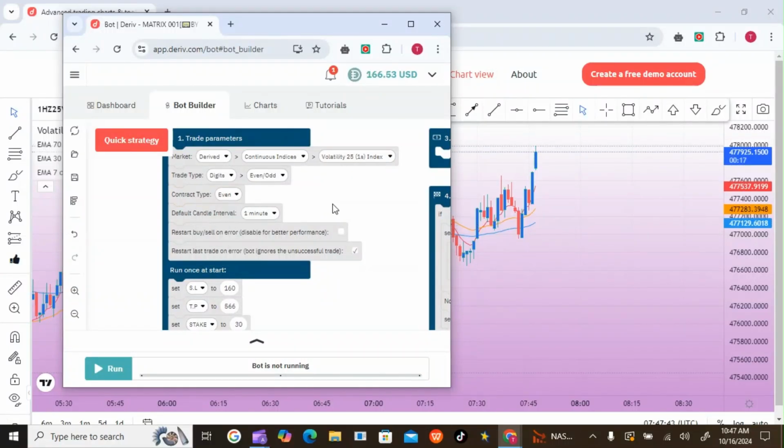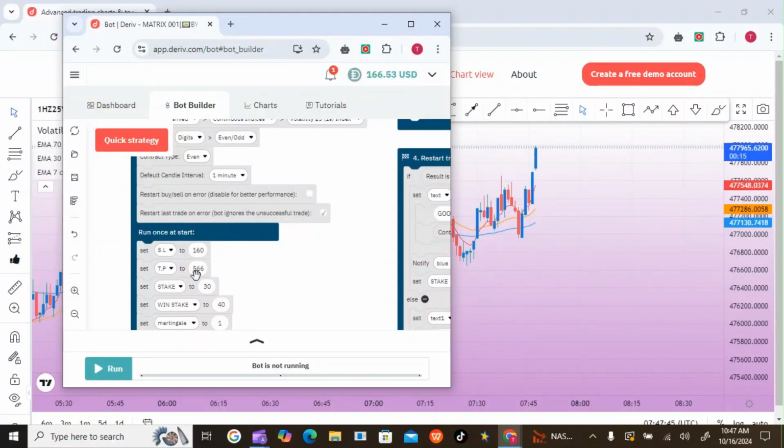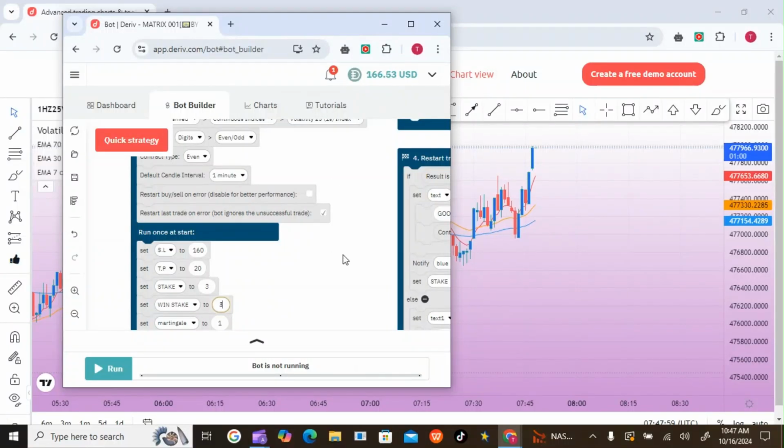Let's check for the even digits. Then for the stake, take profit 20 USD, then use a stake of 3. And guys, remember your capital here should be very good. So we want to observe these candlesticks forming either above or down.